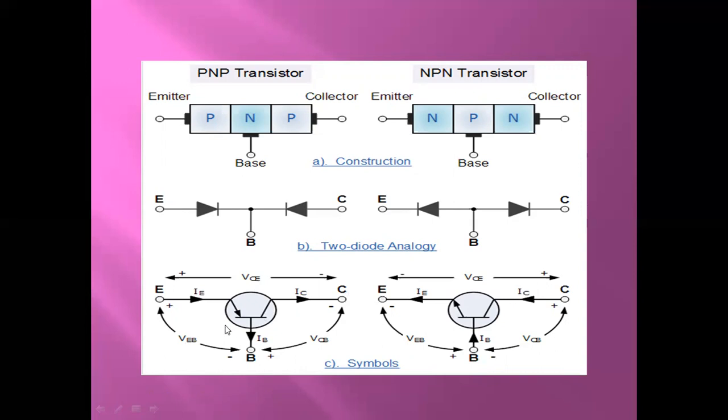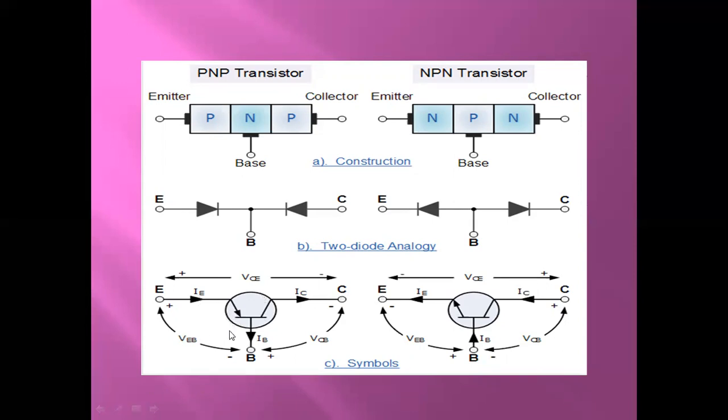In the PNP transistor, the arrow mark flows from emitter to base. Charge flows in a forward direction.